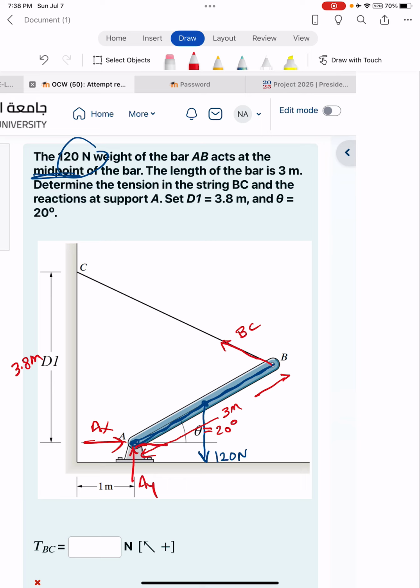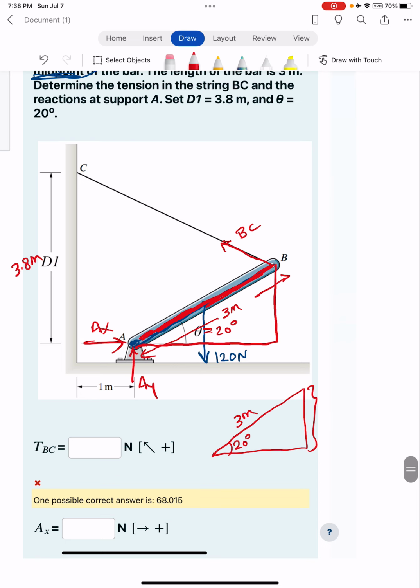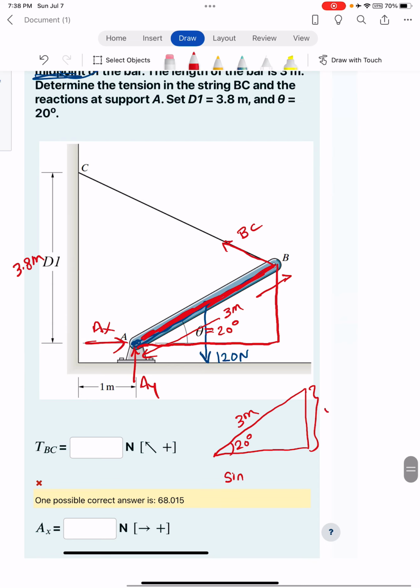If you go from here, and you could create a triangle, and if the whole thing is 3 meters and this angle is 20 degrees, so what is this? This is sine 20. Let's just call this y. It is equal to y over 3, so this is equal to 3 sine 20.